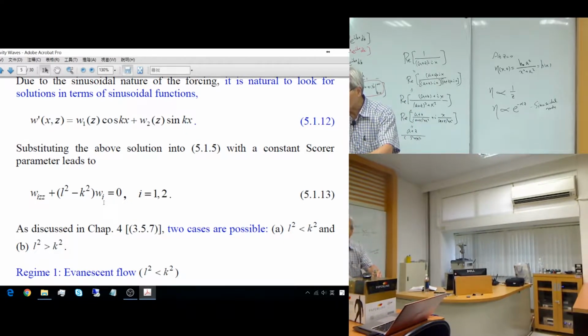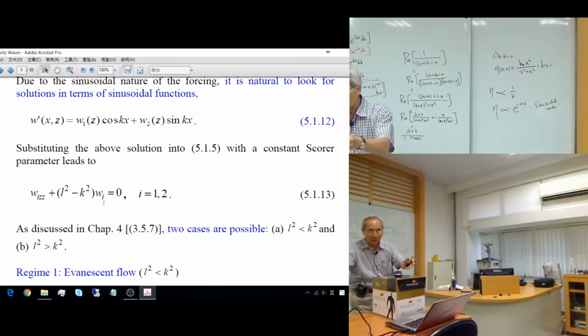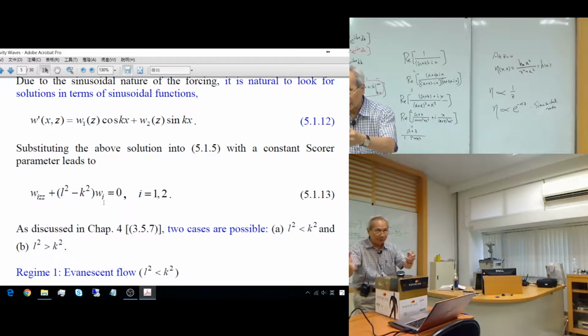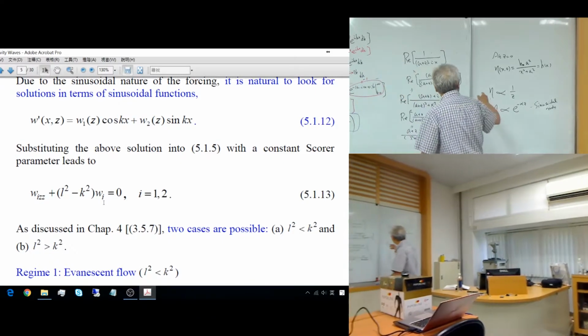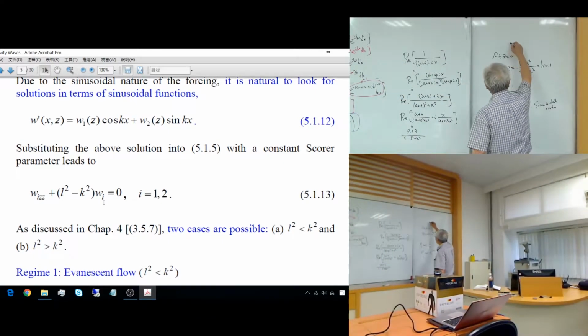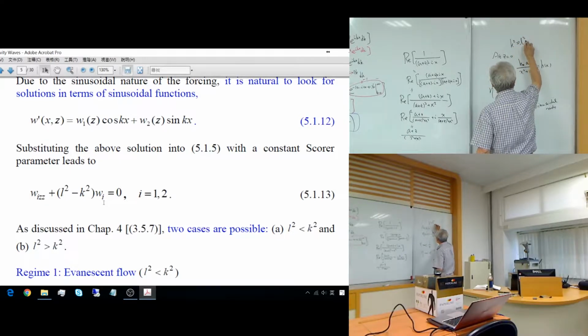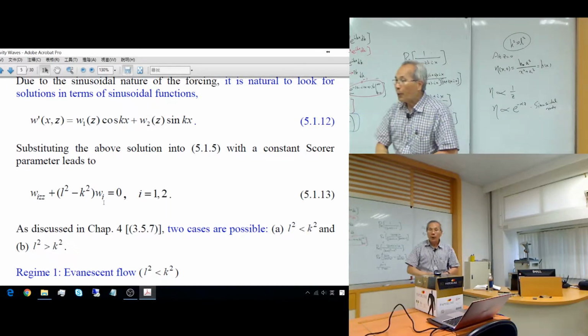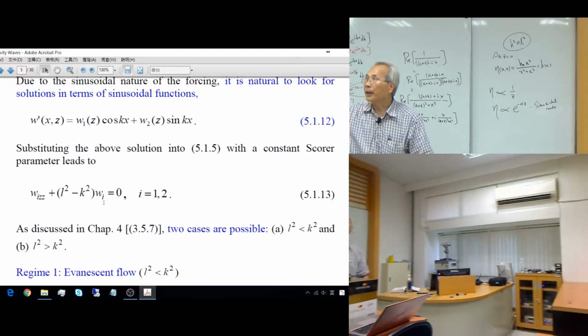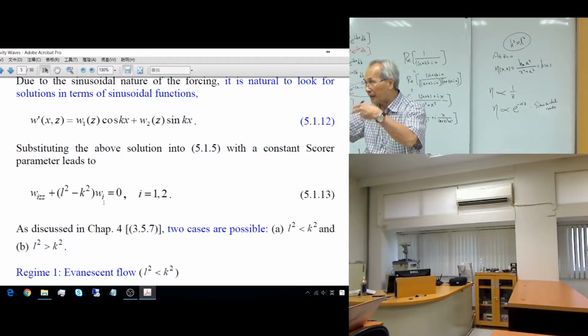You have to know this, because in the test people will give you a solution and ask whether it's an evanescent flow regime or a vertically propagating wave. Now we are in evanescent flow because k squared is much greater than l squared. So they both have the disturbance decay with height, but at a different rate.